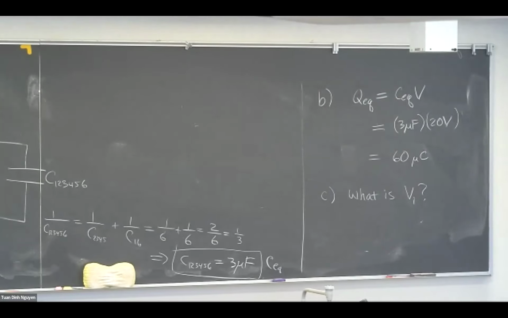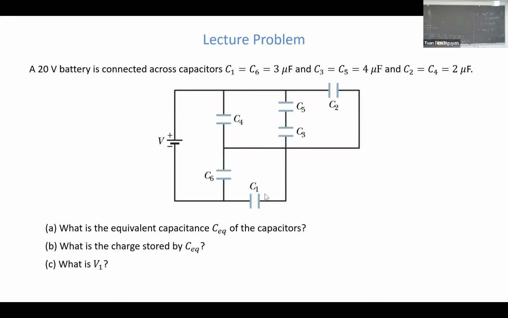Okay, so V1 is the voltage across C1. But we already said that it's in parallel with C6. So that means it's also the voltage across C16. That's our little strategy. So now is where those phrases come in handy. In parallel, that means same voltage, different charge. Now, C16 was in series with all these guys, right?